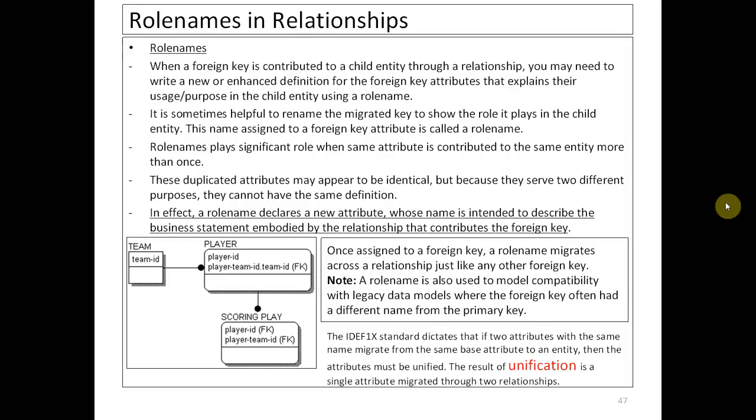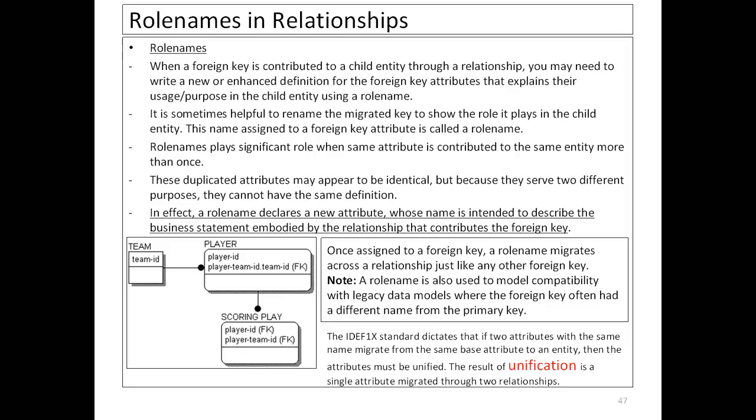Once assigned to a foreign key, the role name migrates across a relationship just like any other foreign key. A role name is also used to model compatibility with legacy data models where the foreign key often had a different name from the primary key.